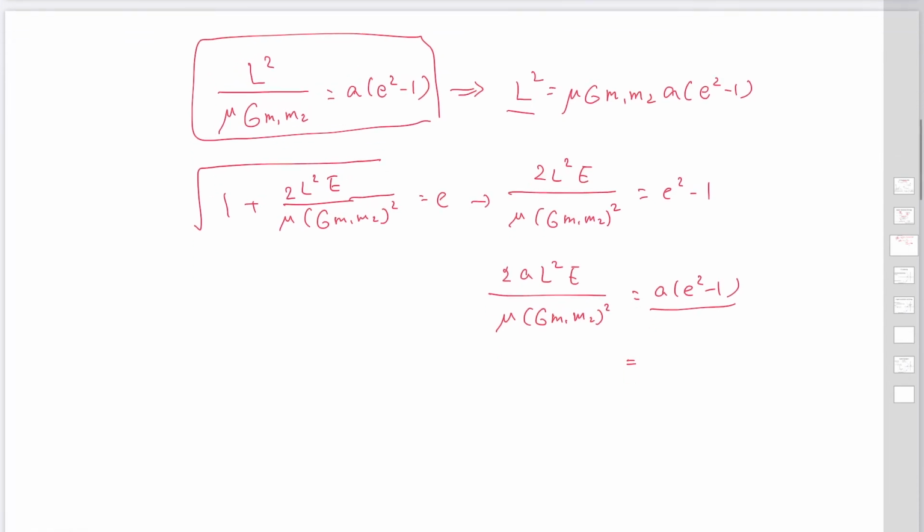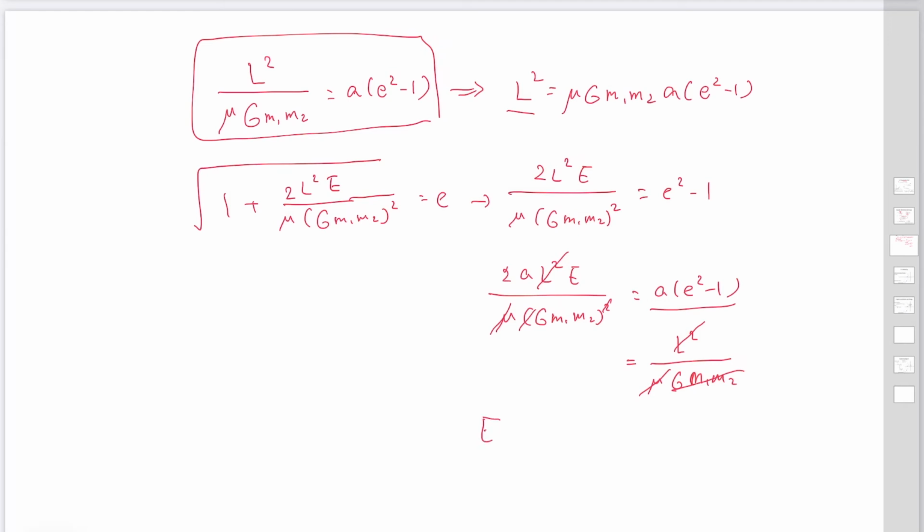The right hand side is going to be L squared over mu G m sub 1 m sub 2. So by looking at both sides of the equations, L squared is going to be cancelled, G m sub 1 m sub 2 and the mu is going to be cancelled.